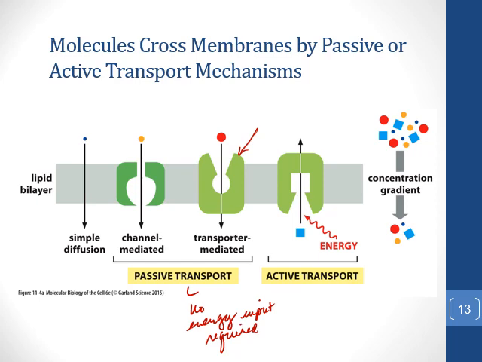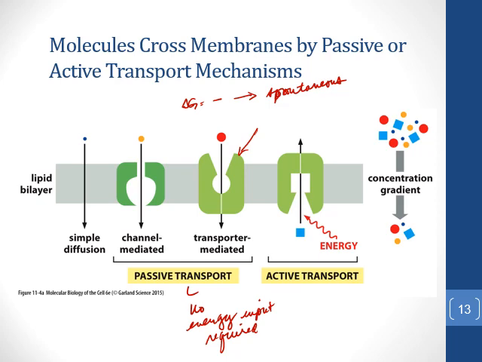Why? Because we're moving things down their concentration gradient. Why, if you're moving things down their concentration gradient, do you not have to have an input of energy? Because the delta G is negative. If the delta G is negative, it means, I'm just reviewing here, the reaction is spontaneous, which means it doesn't require an input of energy.